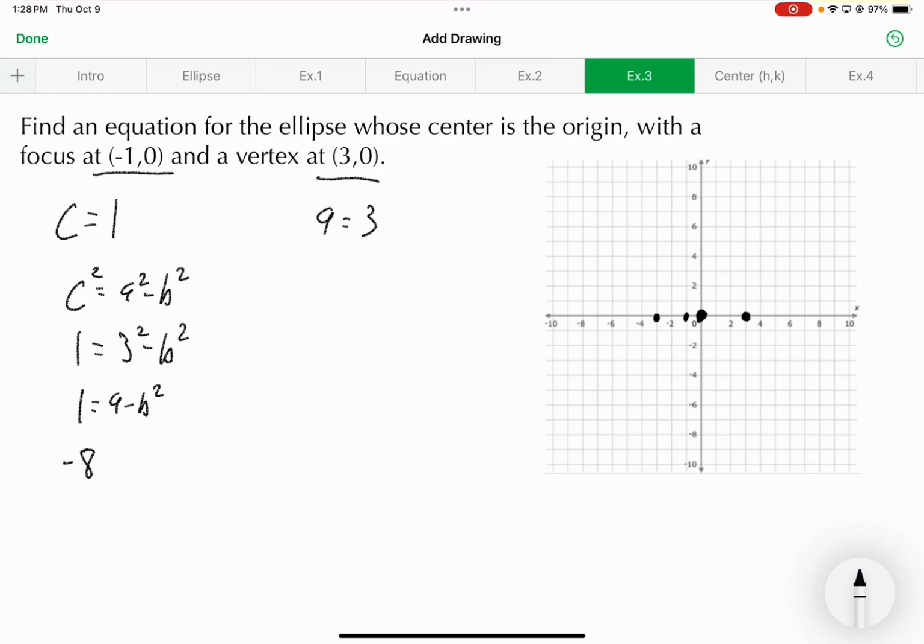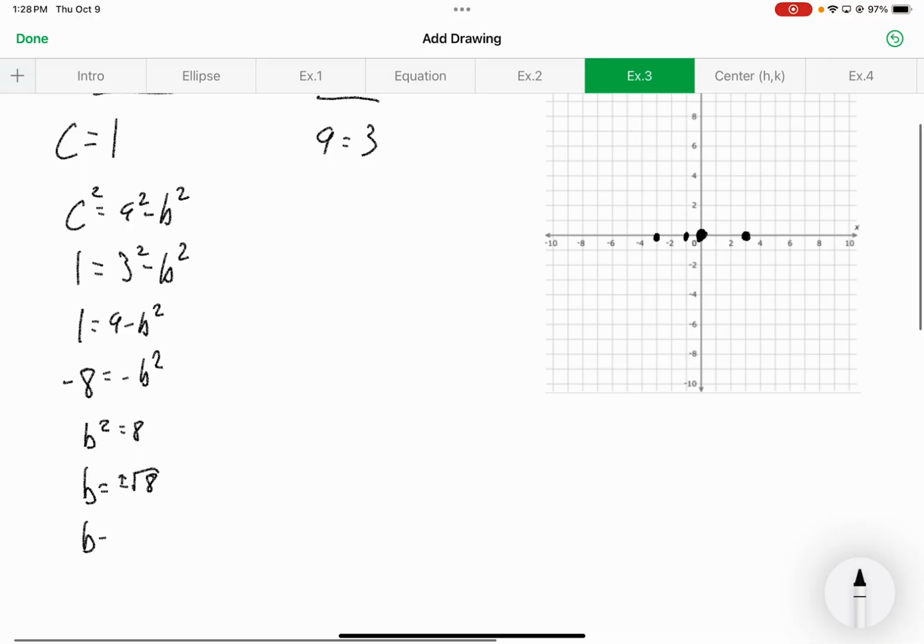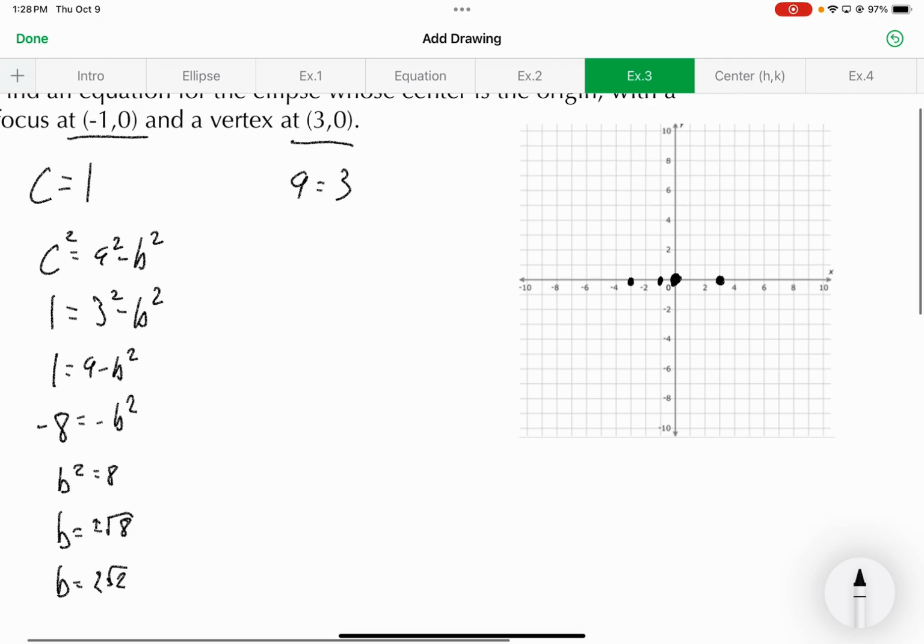So subtract 9 from both sides, get negative 8 equals negative B squared. Don't panic about the negatives, friends. We can just divide out, so we get B squared equals 8. Okay, which tells us that B is going to be equal to the square root of 8, plus or minus. But of course, our B value is going to be positive. What is the square root of 8? 2 square root of 2? Cool. All right, so that's my B value.